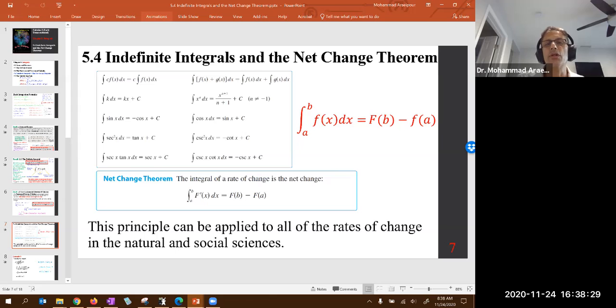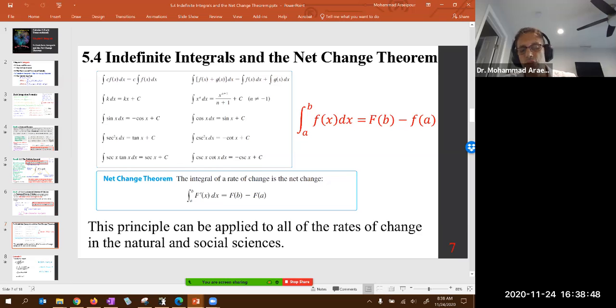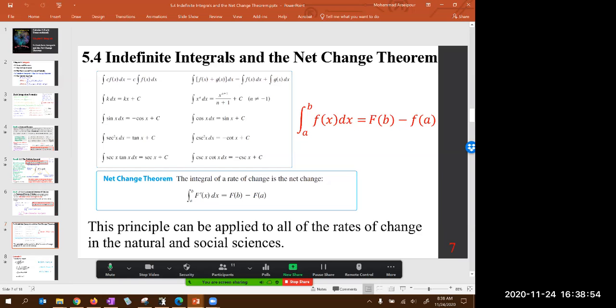So if you're given a rate of change, then the net change theorem, or the accumulated change theorem, gives you the answer as follows. And this principle can be applied to all the rates of change in the natural and social sciences. So let's look at some examples, class.